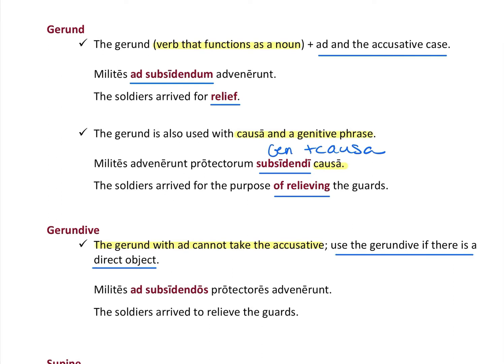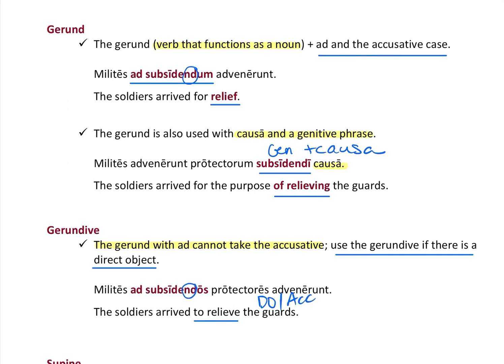So if I've got the phrase Milites ad subsidendos protectores advenerunt, the soldiers arrived to relieve. There is our gerundive. Remember, it's got an nd. It's going to look really similar because they're formed very similarly. To relieve the guards. And the guards is our direct object, or in Latin, the accusative.